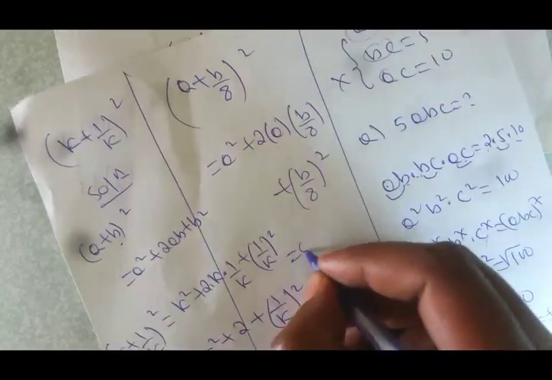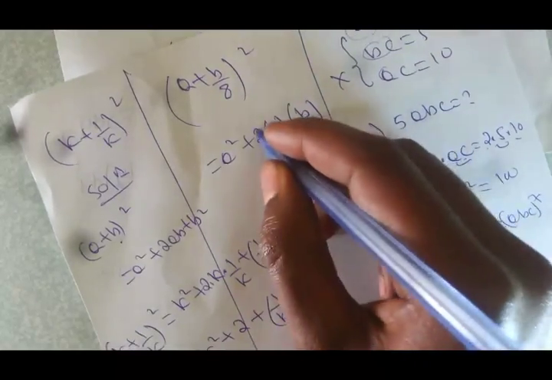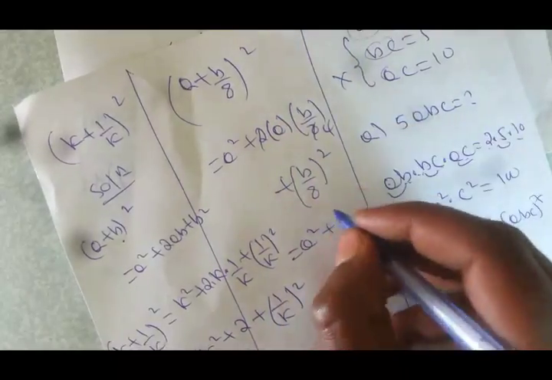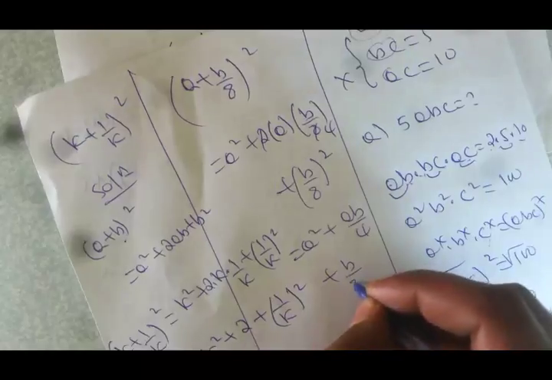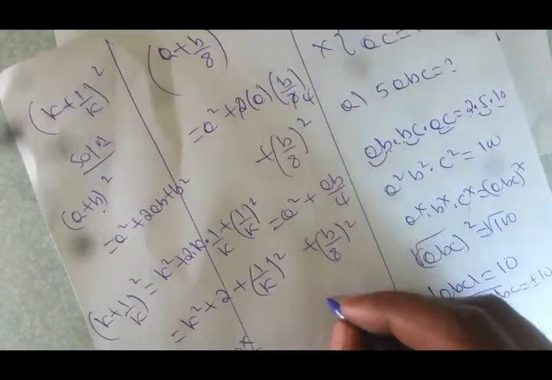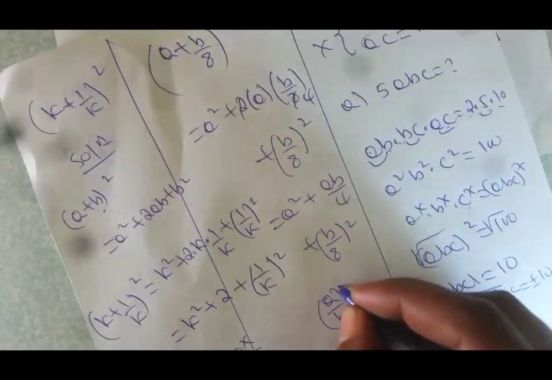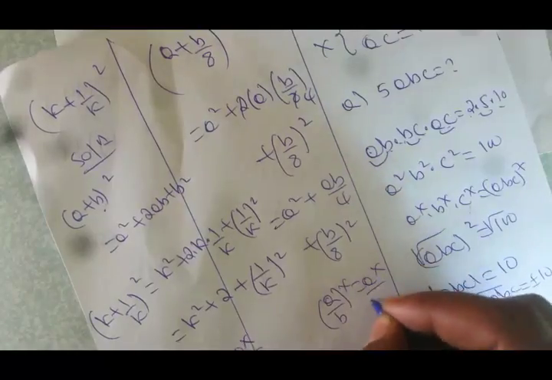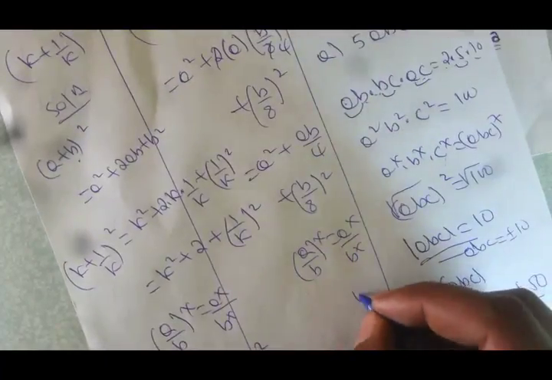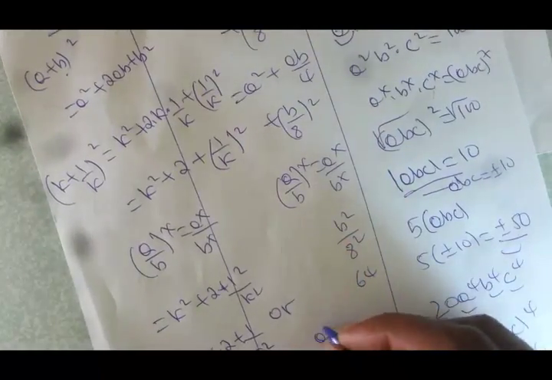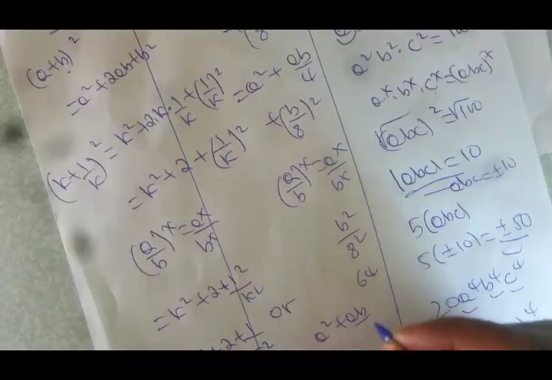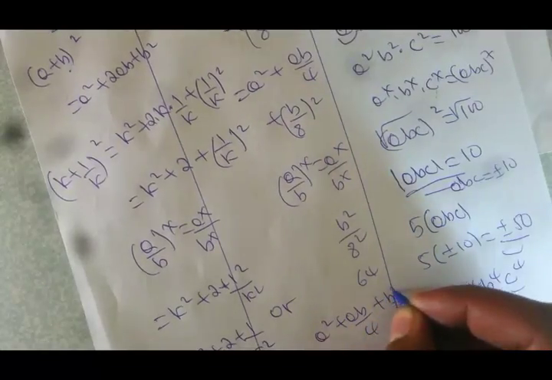This is equal to A square plus, this will be cancelled, AB over 4 plus B over 8 the whole square. And we know that A over B raised to X is equal to A raised to X over B raised to X. Therefore, this is equal to B square over 8 square. 8 square is 64. Therefore, A square plus AB over 4 plus B square over 64.